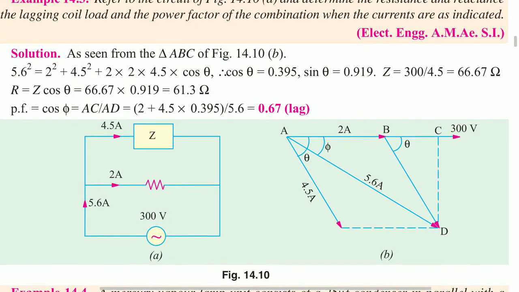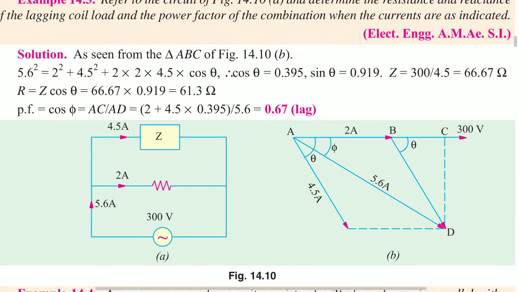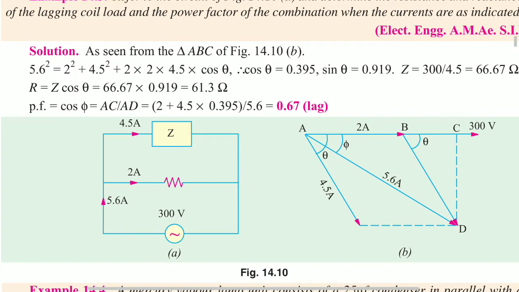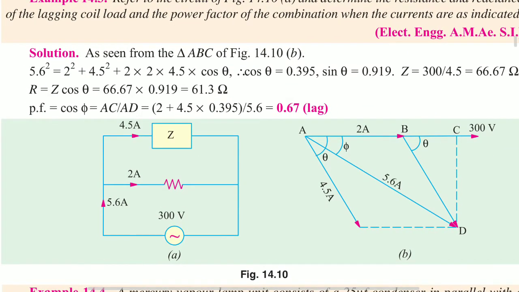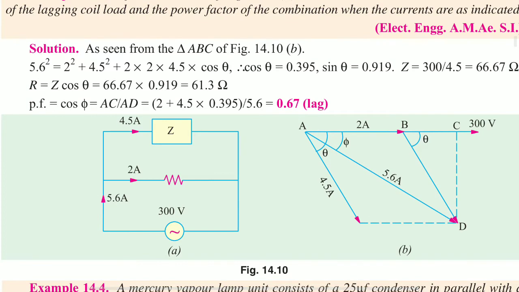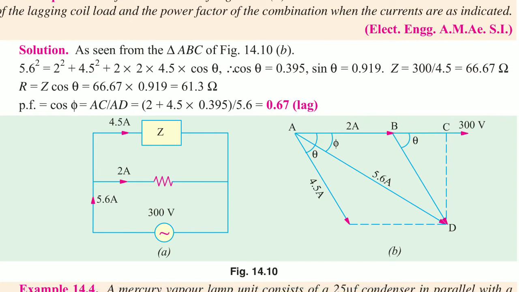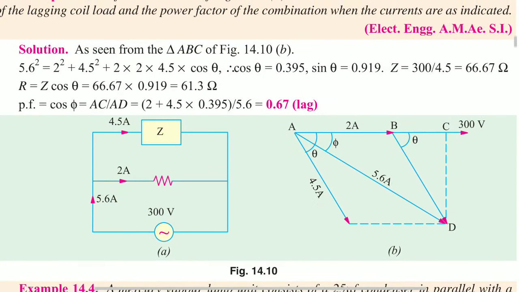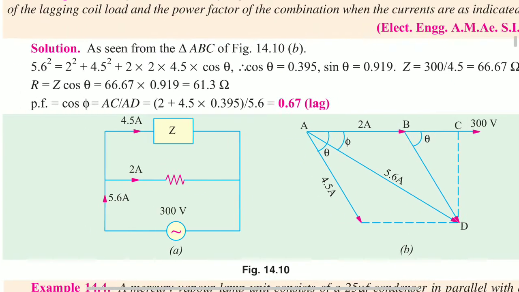Immediately we will get sin theta, that is sin theta is equal to 0.919. So here what is the Z? Z is equal to voltage by current. So Z is equal to 300 by 4.5, that is 66.67 ohms.